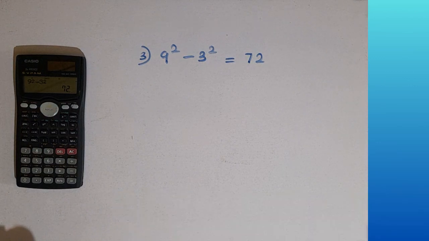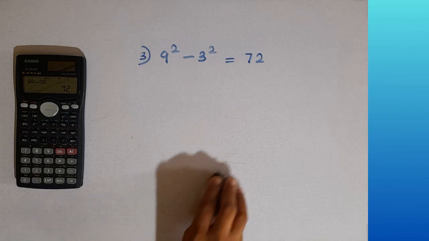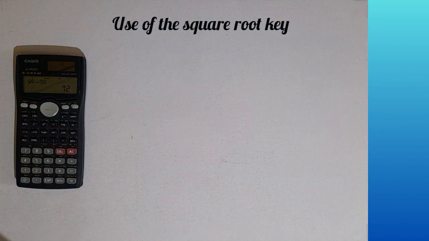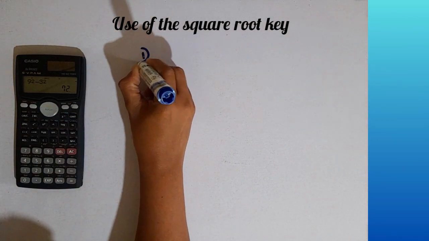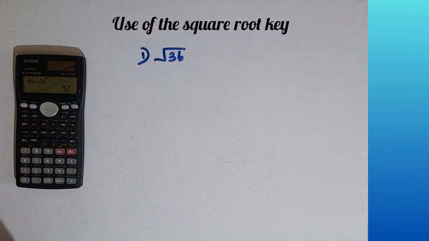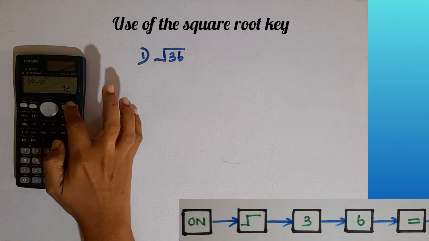Now let's learn how to use the square root key. Our first sum is the square root of 36. How to do that? There's a small difference here.